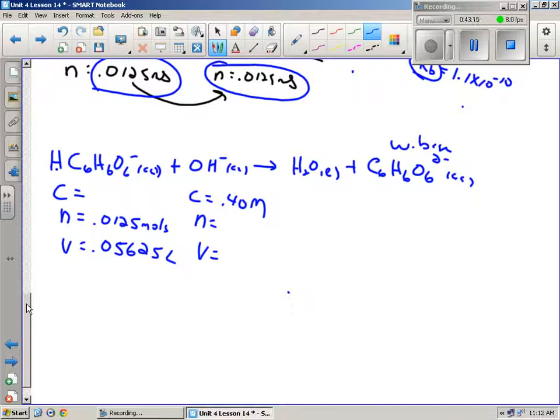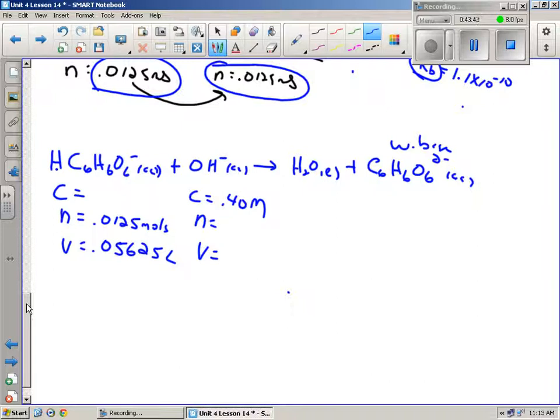So from those two, I could calculate the initial concentration, which, by the way, works out to be, let's see, somewhere here, 0.22. Is that right? I think that's right. Yeah? N and V, what's N and V? C? What is it?